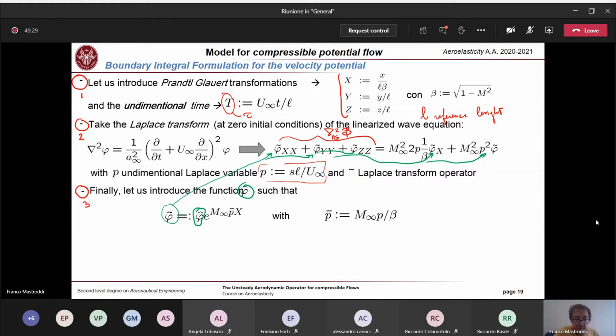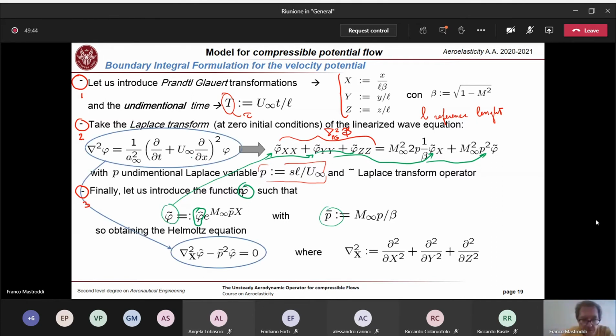This is the Mach number, X is the Prandtl-Glauert X coordinate, and P bar is this quantity here. So just a change of unknown function. After this transformation, our equation becomes this equation here. It's a very simplified form, a more convenient form.